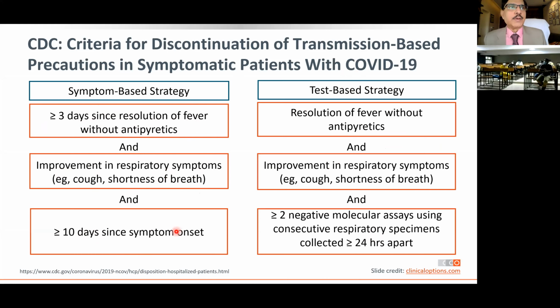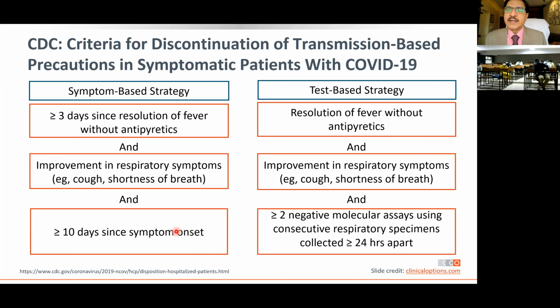For example, a patient had COVID positive and had no fever after the 3rd day, and has no respiratory symptoms, but still he is not negative because 10 days have not passed. So first of all, 10 days should have passed, there should be no respiratory symptoms, and there should be no fever for at least 3 days. This is called the symptom-based strategy.